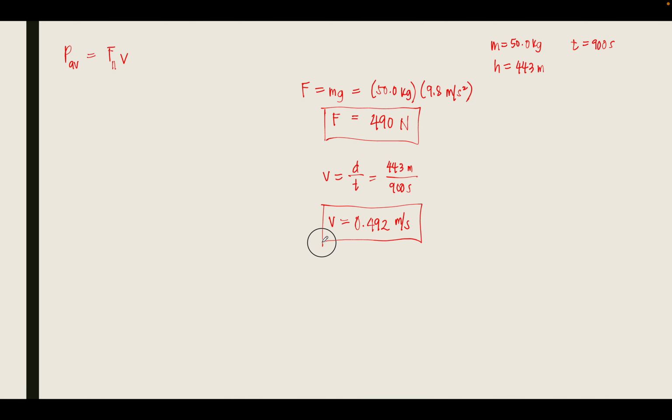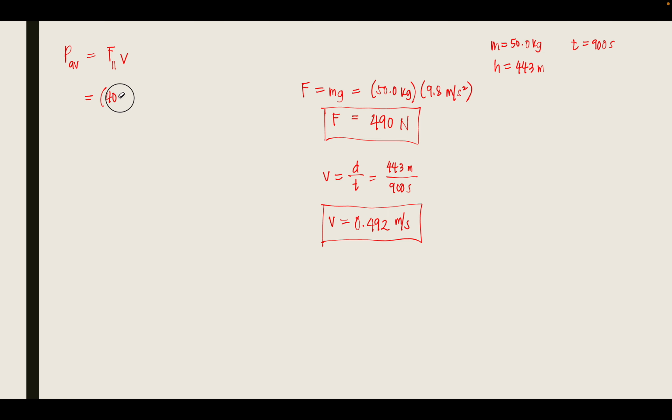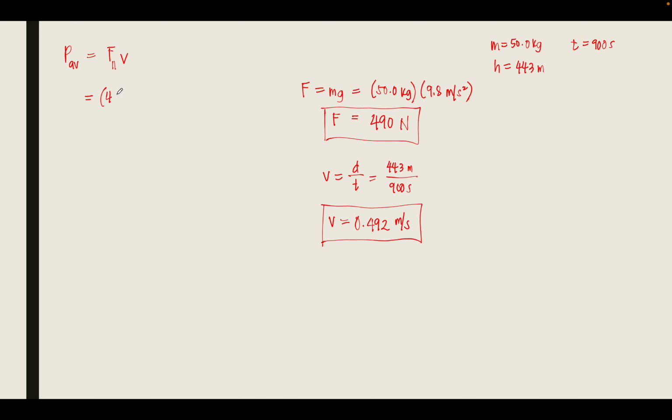So we now have our values for the force and the velocity, so we can solve for the average power output. We have 490 newtons times the speed, which is 0.492 meters per second.